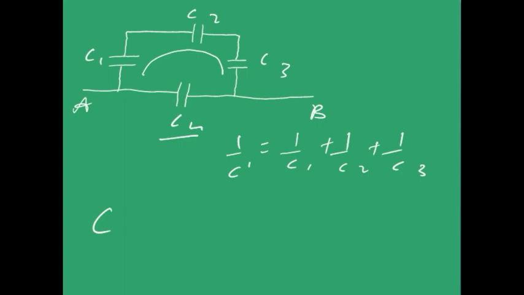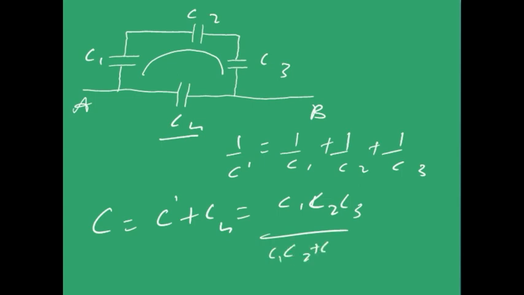So my net effective capacitance C will be C dash plus C4. And from this formula you can write this one as C1 C2 C3 by C1 C2 plus C2 C3 plus C1 C3, plus C4. So this is your answer.